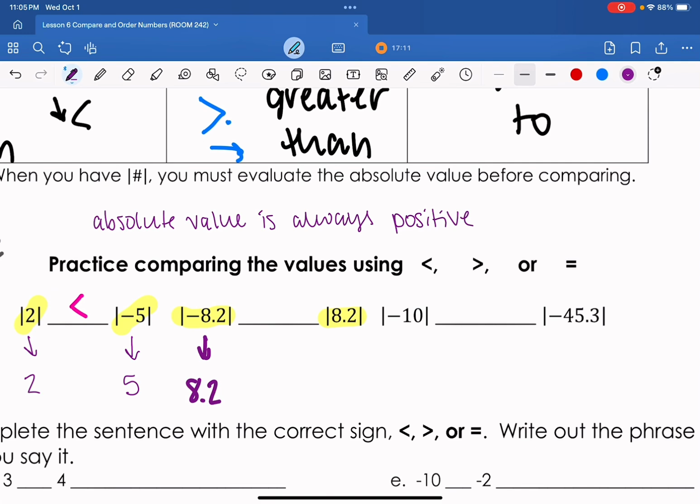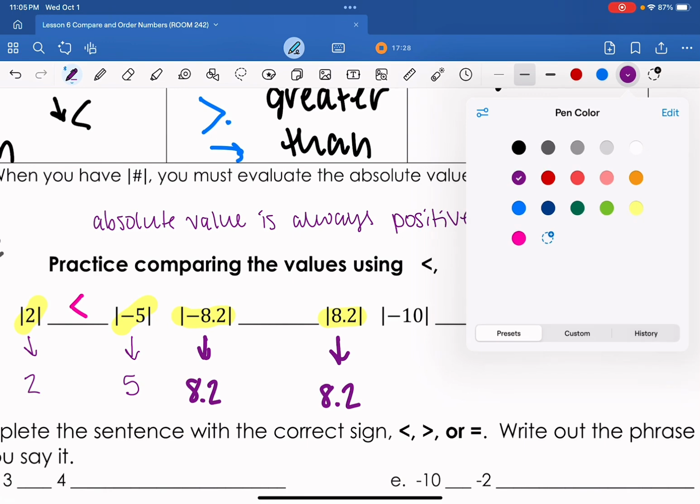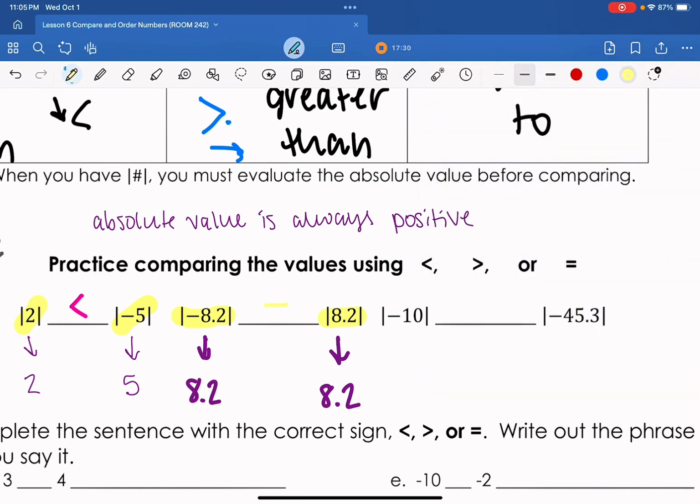And to get to positive 8.2, I'm going to move 8.2 units. Well, 8.2 and 8.2 are the same number. So 8.2 is equal to 8.2.